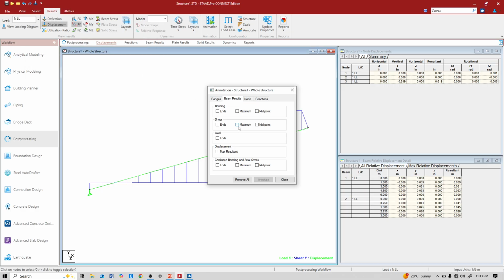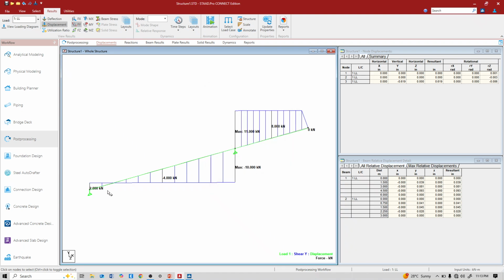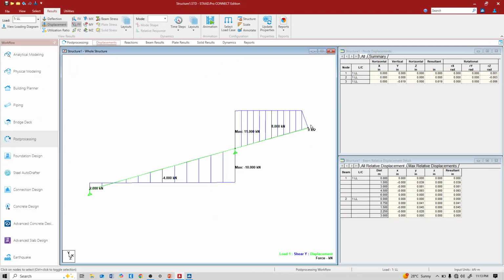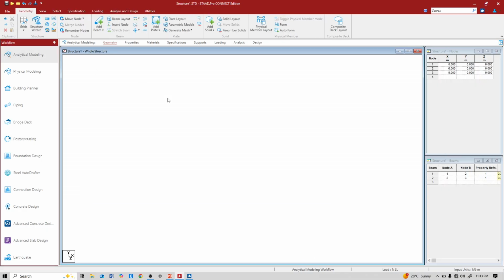See maximum at ends and midpoint here. So see, this is 2 kilonewton, this is 2 kilonewton, this is minus 10, this is 11, and here it is 5 kilonewton. Let's see in detail.